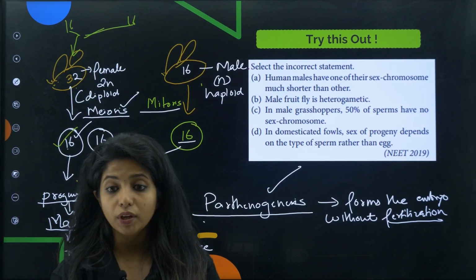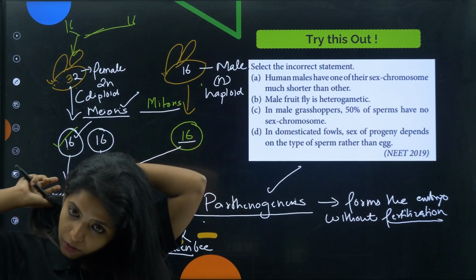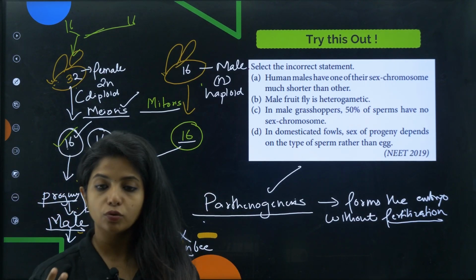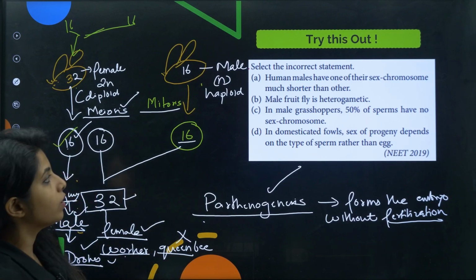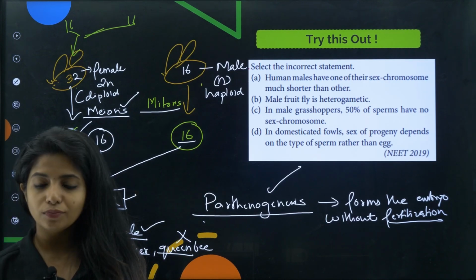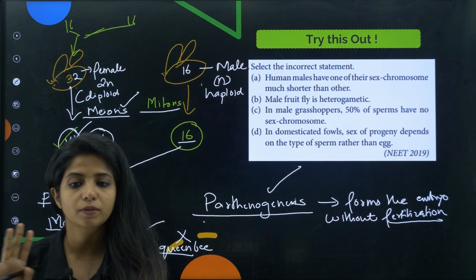What do you mean by heterogametic? As in, it will produce two different types of gametes. It's also true, XY. Fruit fly, as in Drosophila, also has XY. Now, in male grasshoppers, 50% of sperms have no sex chromosome. That is also true. It shows XO, where 50% of sperm has the sex chromosome, 50% does not.